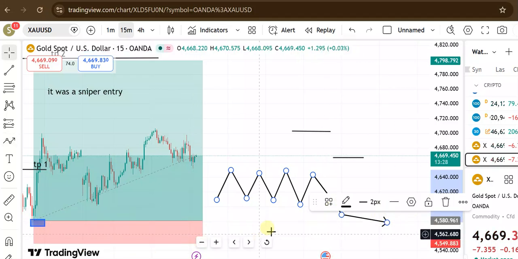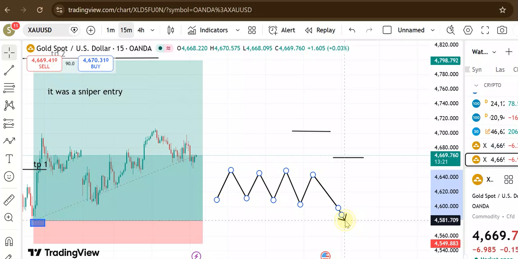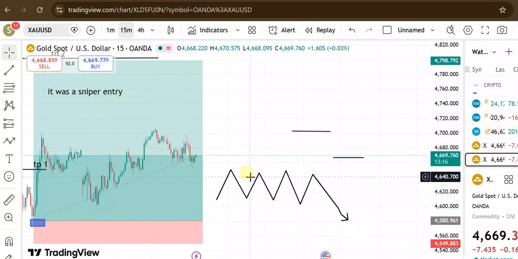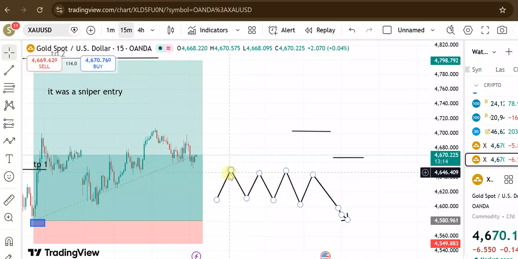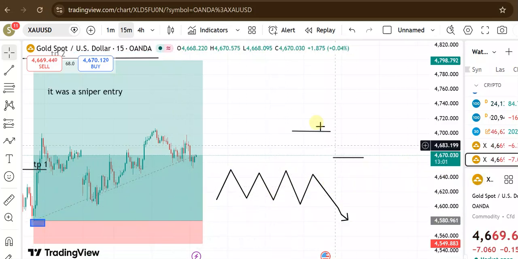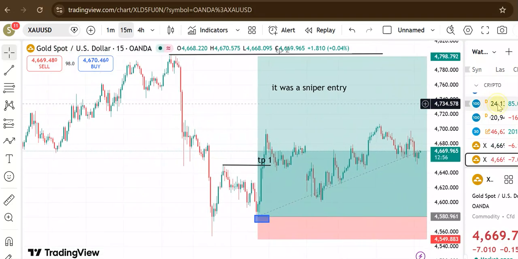Let us just be neat. So this is a ranging trend. No high is higher than the other, and there is no low that is lower than the other. It's just going sideways. Now we are going to take live examples of a downtrend and an uptrend.